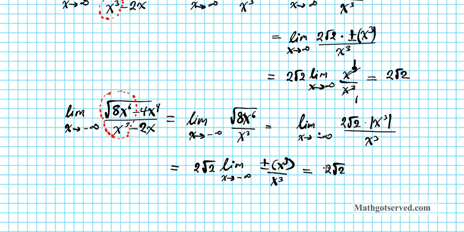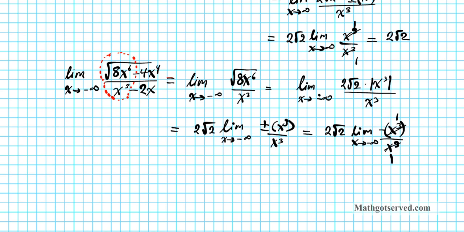So it'll be 2 root 2 times the limit as x approaches negative infinity of negative x to the third over x to the third. You see that this divides out to negative 1. So our limit is simply going to be 2 root 2 times negative 1, which equals negative 2 root 2.